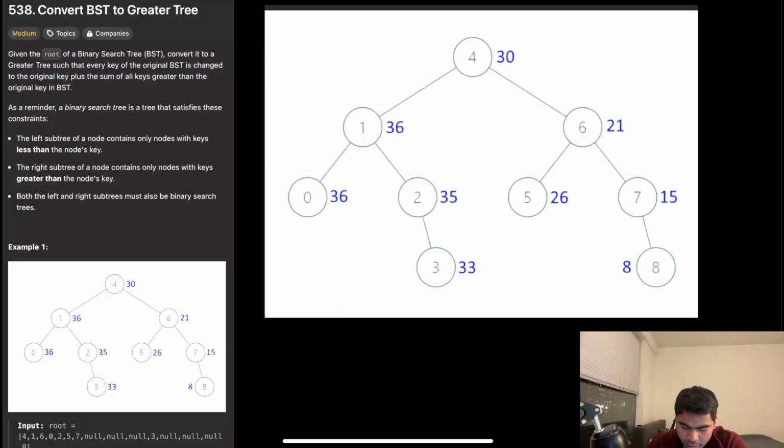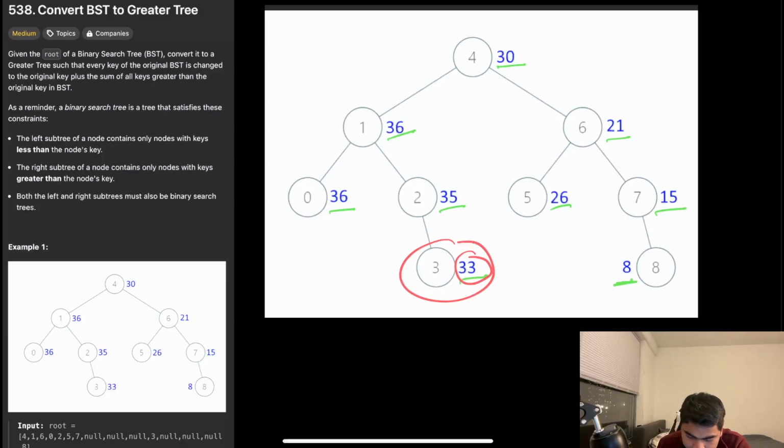Let's go through our first example to understand what the problem is really asking us to do. These blue values are the updated values of our original tree. Once we are done updating, we return the root as the answer. So if I look at 3, I see the updated value 33.